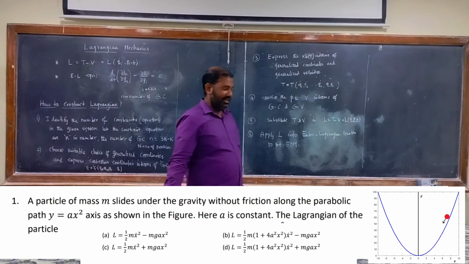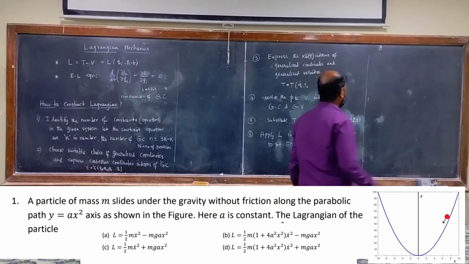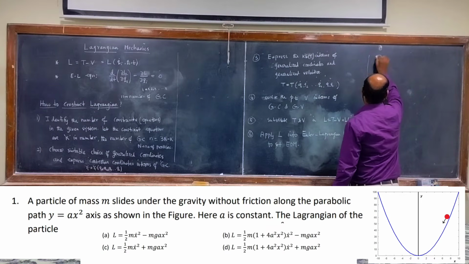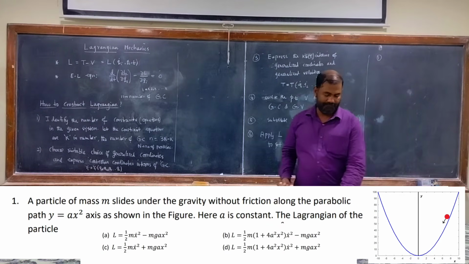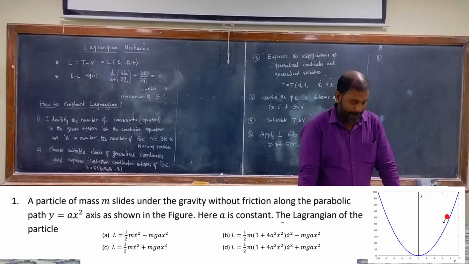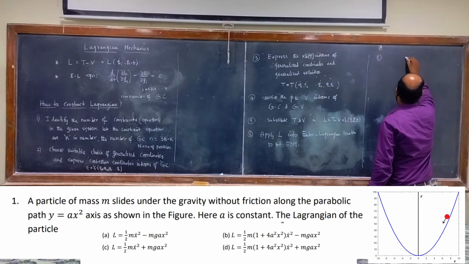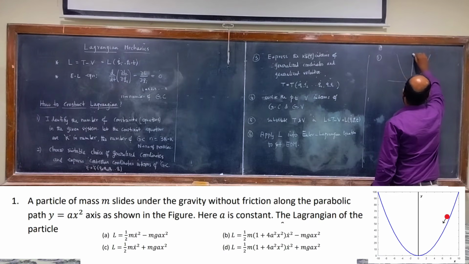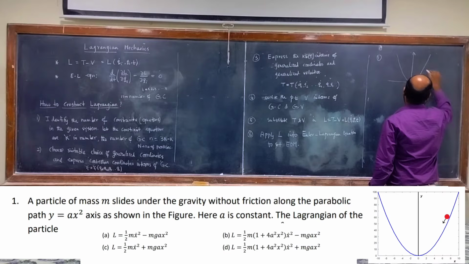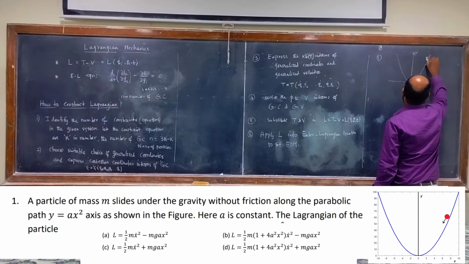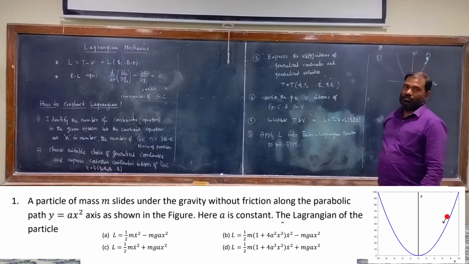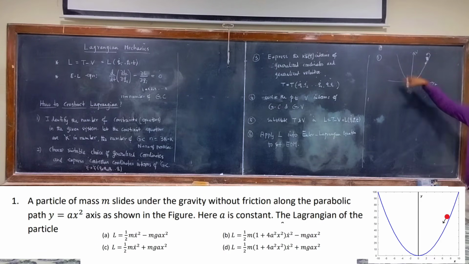So now what is the constraint equation here? Question number 1. What constraint is there? The particle can only move along this wire, it can't move anywhere else. So this is a constraint.